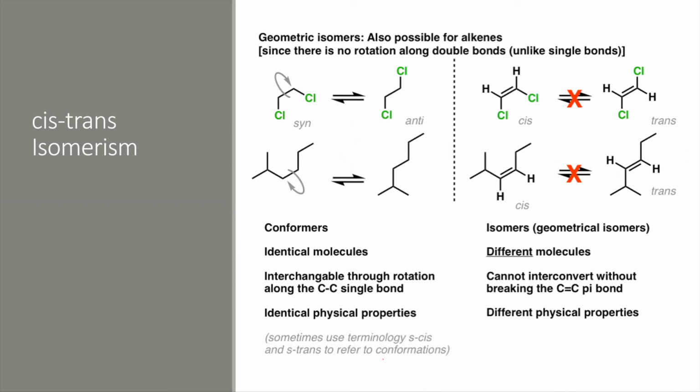These all have identical physical properties because they are essentially identical molecules. However, with double bonds, you do have actual isomers, geometric isomers. And that's because these are technically different molecules because you cannot interconvert between them without breaking the bond.